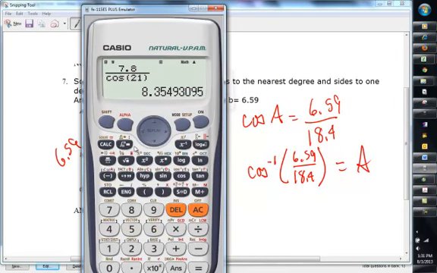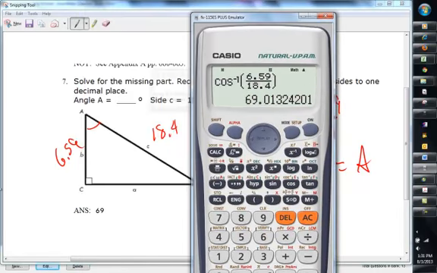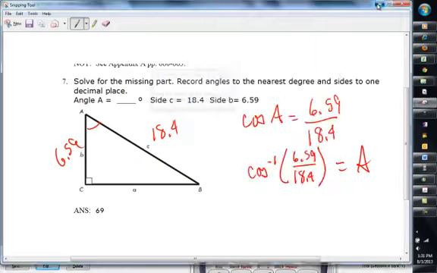So Shift cosine, fraction, 6.59 over 18.4, and then close parentheses, and we get 69 degrees to the nearest degree. Next one.